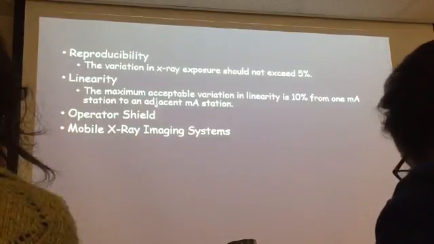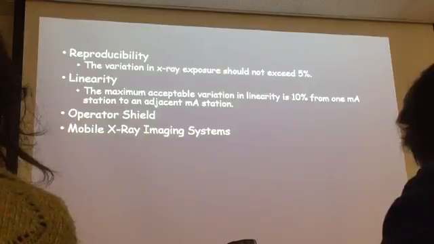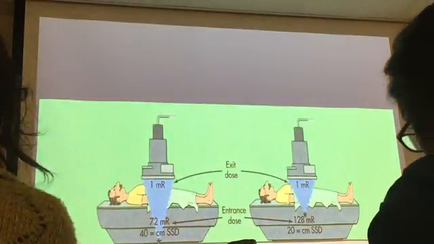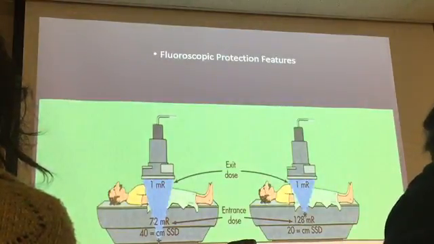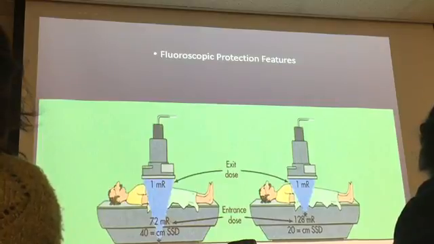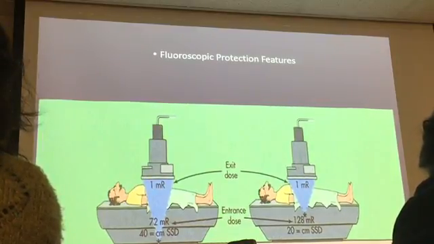Maximize your distance first and foremost, and second, bring your own shield. Now let's talk a little bit about fluoroscopy, because fluoroscopy is the area where technologists will get the most exposure, as I said before, along with portables.